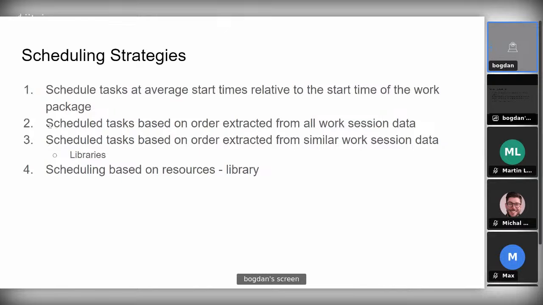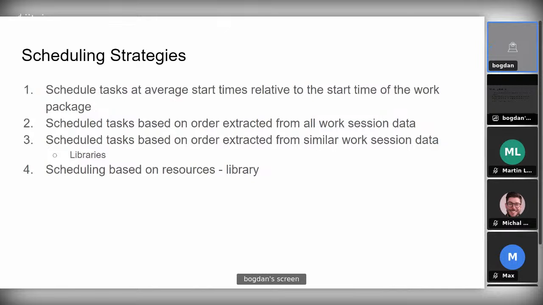So we also tried extracting the order of tasks in work packages from all revisions. And in this case, we extracted some rules, that some tasks are always ordered in the same way in all work packages.